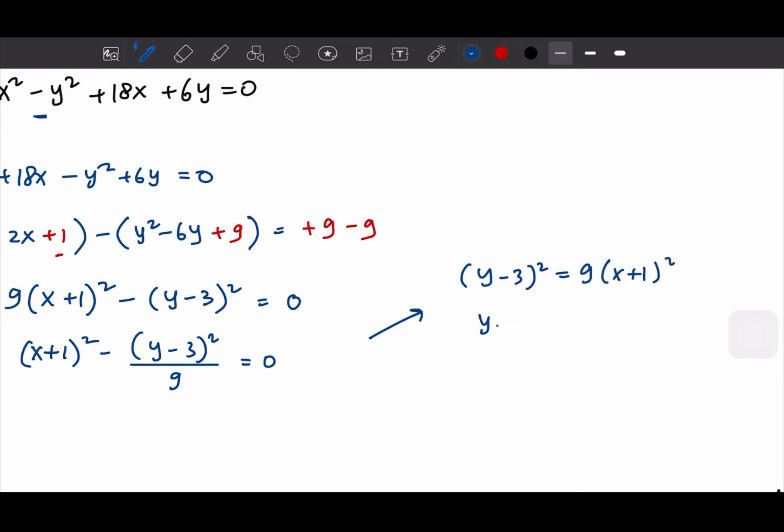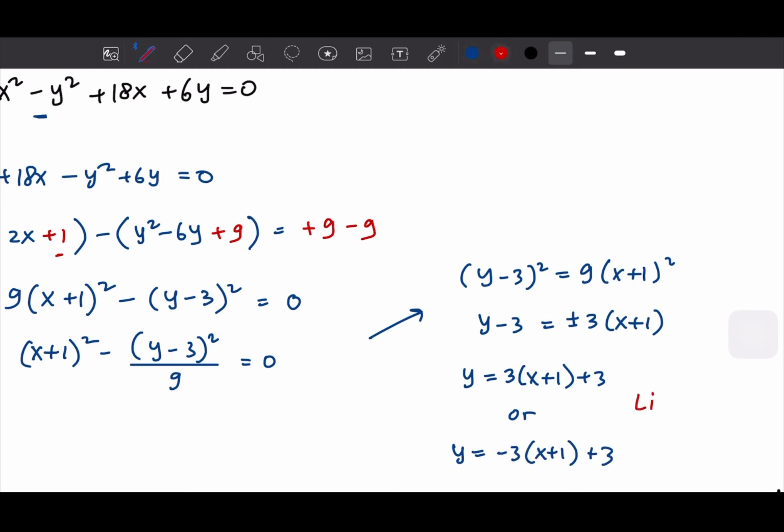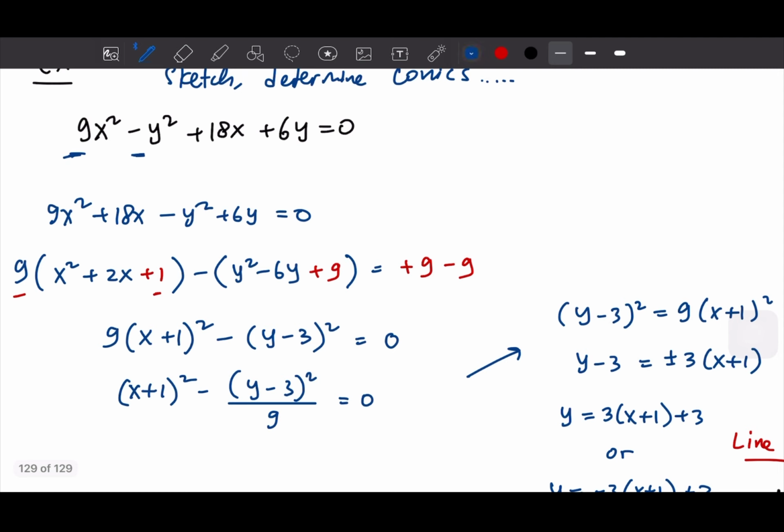If we take the square root, we will have plus or minus 3 times x plus 1. We could have y equals 3 times x plus 1 plus 3, or y equals negative 3 times x plus 1 plus 3. So we have line equations, not a hyperbola. So we call this the degenerate conics.